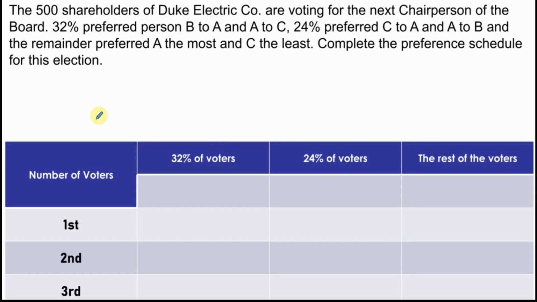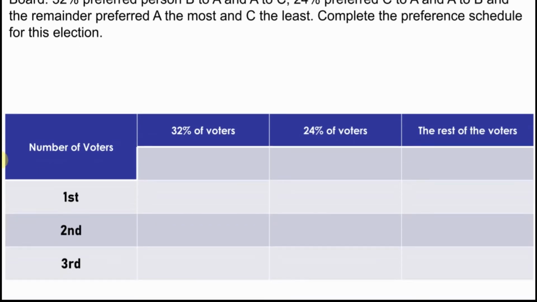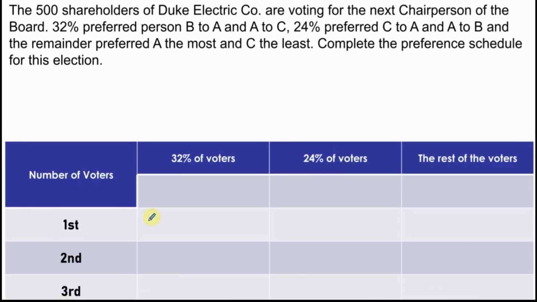And we're now going to do one little bit of a challenging problem here, all right? We're going to try to complete this preference schedule with some limited information. So here we go. We have 500 shareholders of this Duke Electric Company.